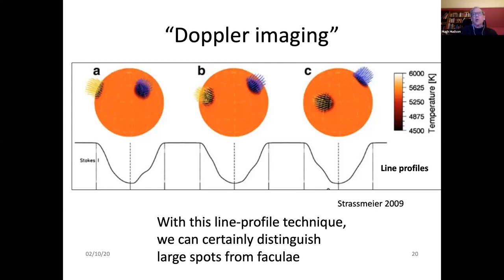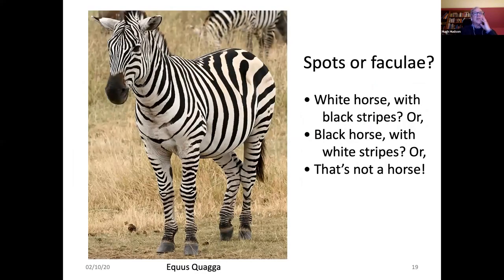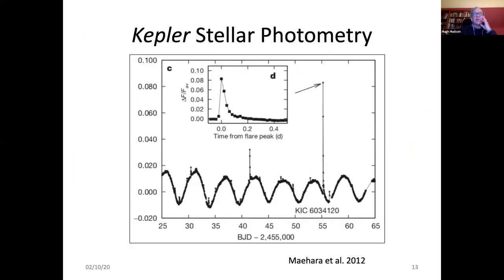But even more easily, if you have a transiting planet, as the planet goes across the spot, it will make a dip. And so clearly what you see in this light curve is large star spots.